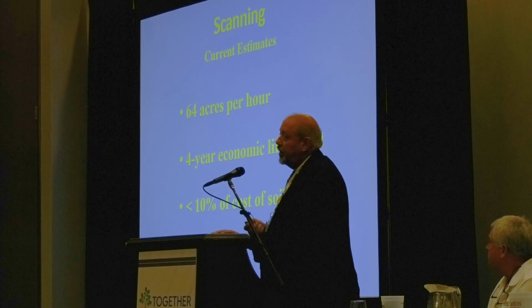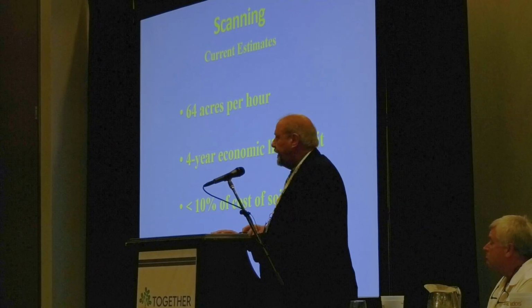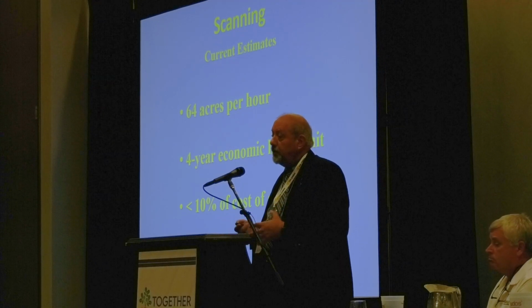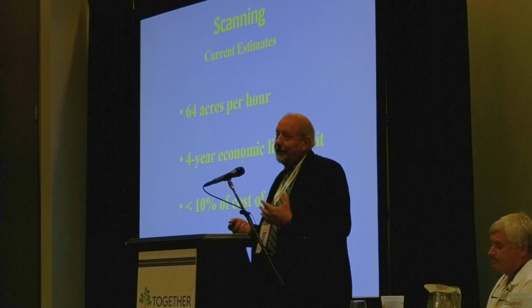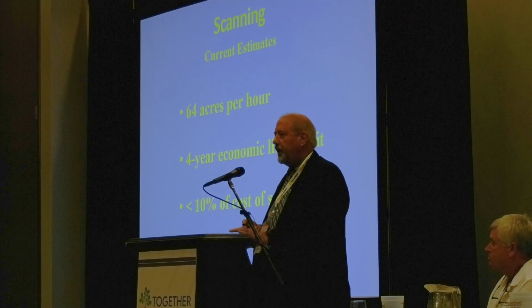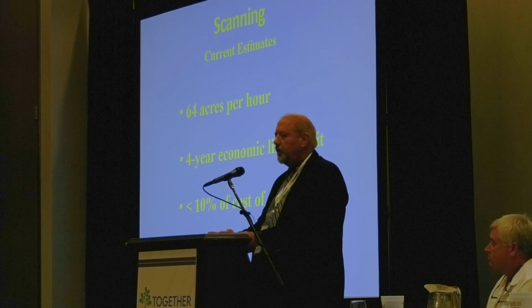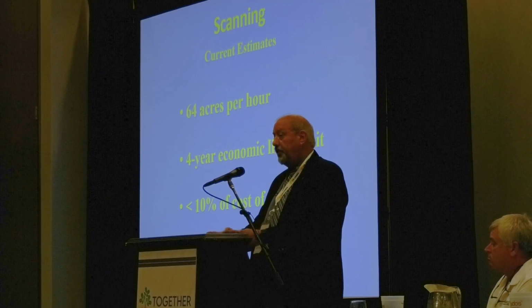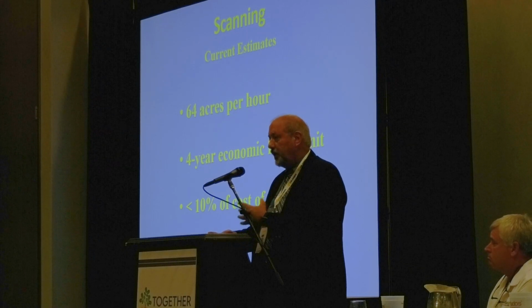So the current estimates are that they can do about 64 acres an hour, 640 acres a day. That's what they're targeting, over a 10-hour day. They'll have a relatively short period in which they can do it, because obviously you can't run this scanner across your field when your corn's growing. You can't run over it.